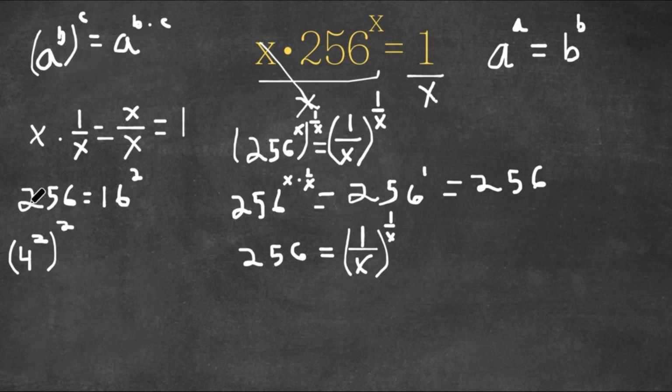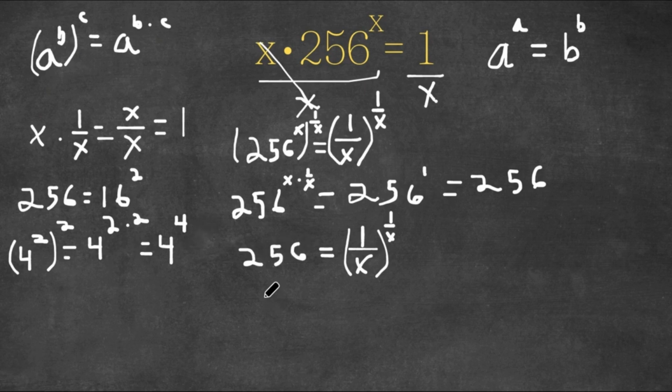Now remember this property, if we have a to the power of b to the power of c, this is equal to a to the power of b times c. Well, 4 to the power of 2 to the power of 2 would equal 4 to the power of 2 times 2. And 2 times 2 is 4, so this would be 4 to the power of 4. And as you can see, now this is in the form a to the power of a.